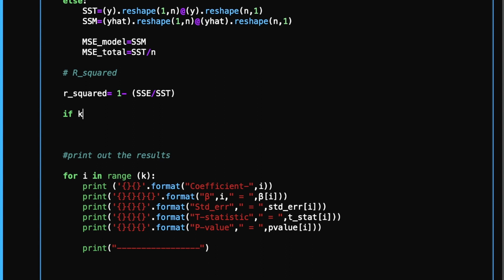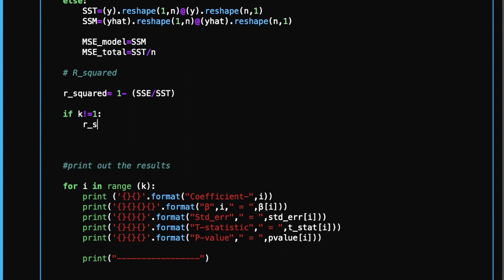So I'm going to use an if statement here. If k is not equal to 1, which is if we have more than one covariate, adjusted R squared is equal to 1 minus n minus 1, multiplied by 1 minus R squared, divided by n minus k.